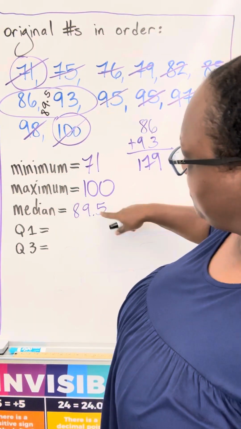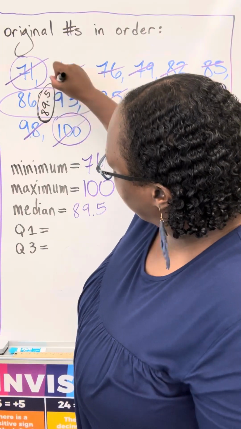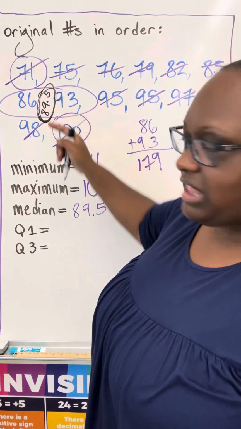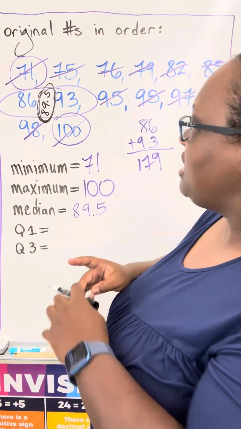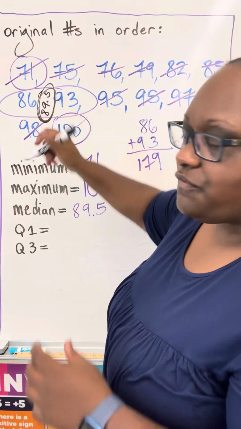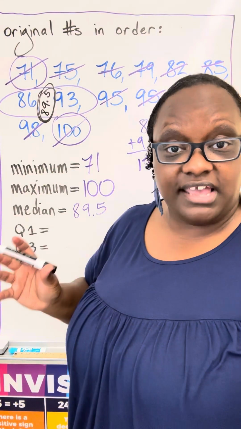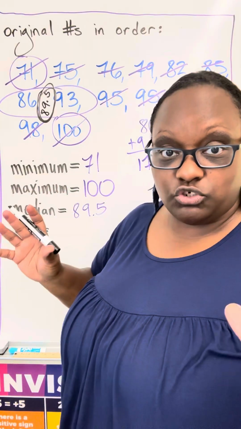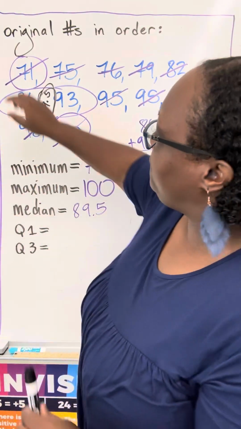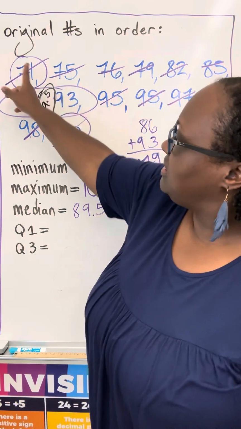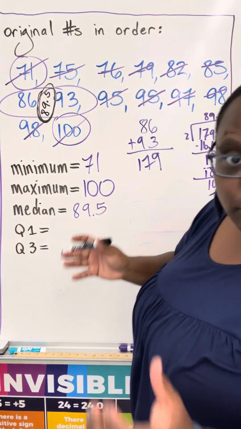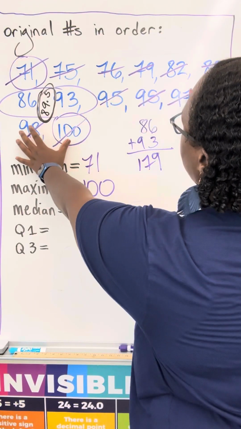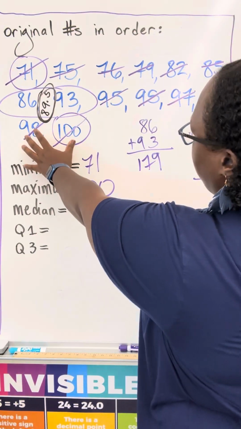But since the middle number ended up being a number that was not already written there, a number we had to calculate, this is the middle, and therefore it's separating the data into two parts right now. I have the first part of the data, the smallest numbers, and then I have the latter part of the data, all these bigger numbers at the end.